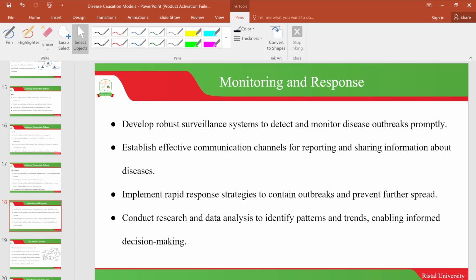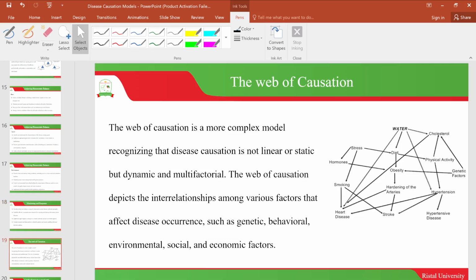Okay, so if you get a disease, know the agent, know the environment, and then know the host characteristics that favor the transmission, and then be able to act. So let's move to the second model, which is the web of causation.